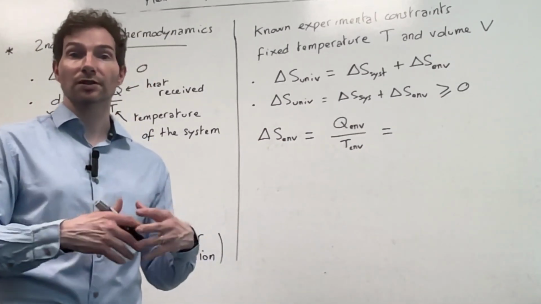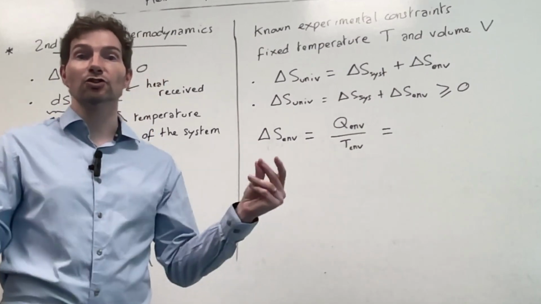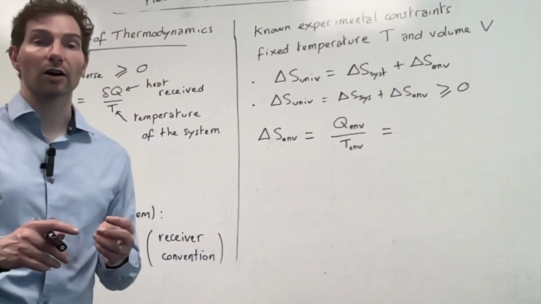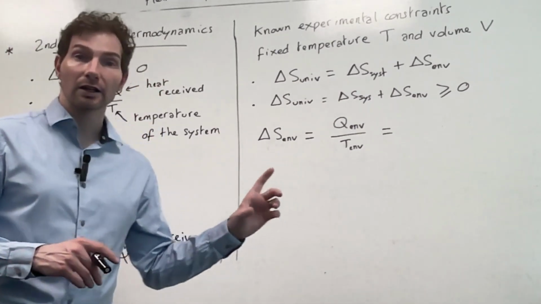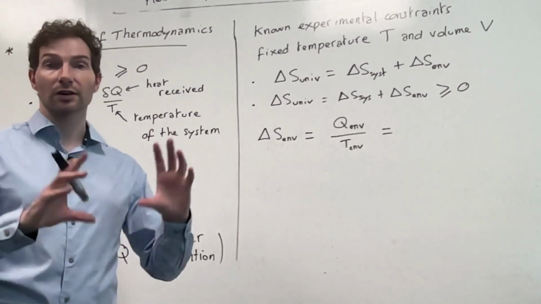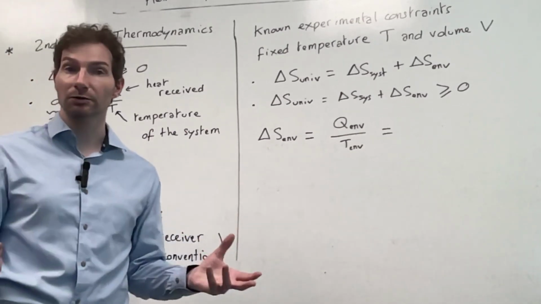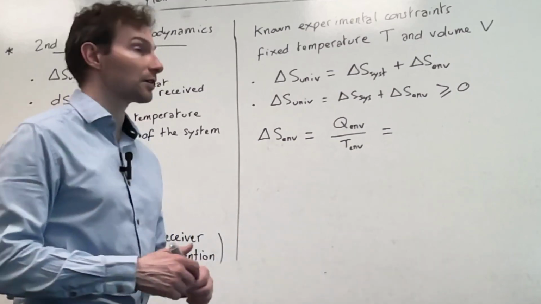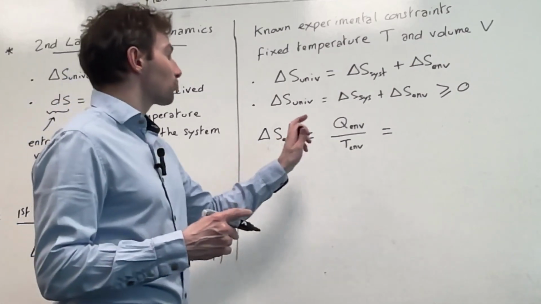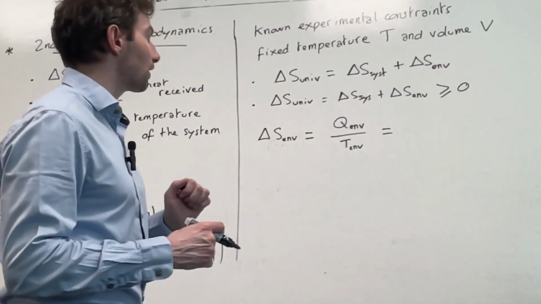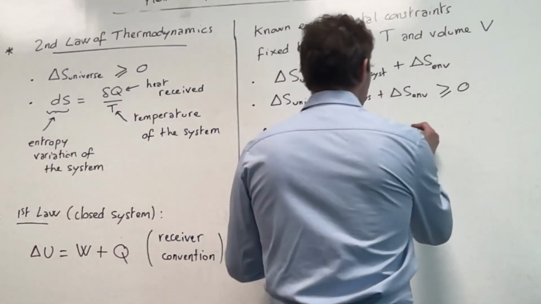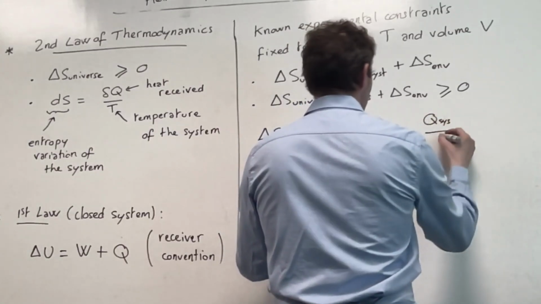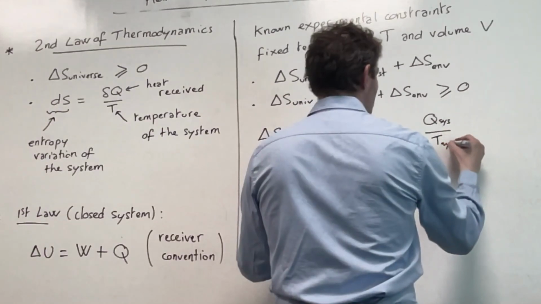So if you've got a source of heat, it's not like the heat is going to be created ab nihilo in this particular case, because we are not in a context where we are in a closed system, so we are not expecting any kind of chemical reactions going on, where the species change throughout the system and so on. So here we've got Q environment, and this is going to be equal to minus Q of the system divided by T of the system.